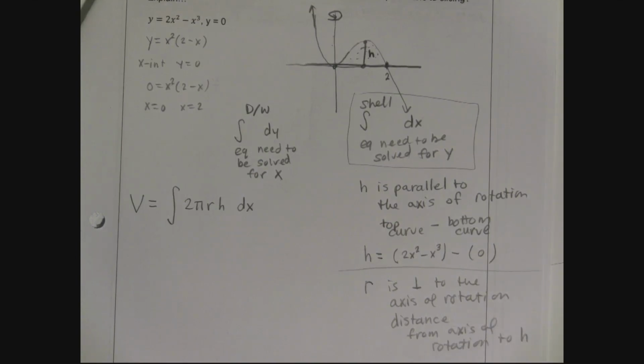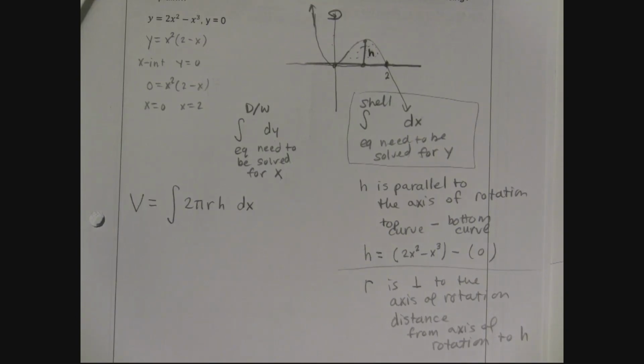That's what r is. It's perpendicular to the axis of rotation. Because the axis of rotation and h are parallel to one another, it's also perpendicular to h, and it is the distance from the axis of rotation to h.